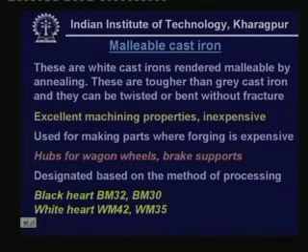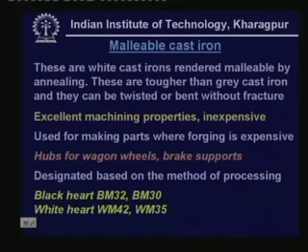I think it is not within this zone, but anyway, remember that annealing is a type of heat treatment by which you get malleable cast iron from the white cast iron, and these are tougher than grey cast iron, and can be twisted or bent without fracture.